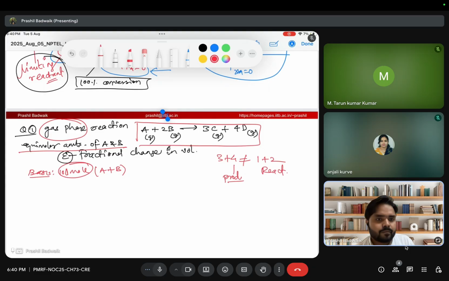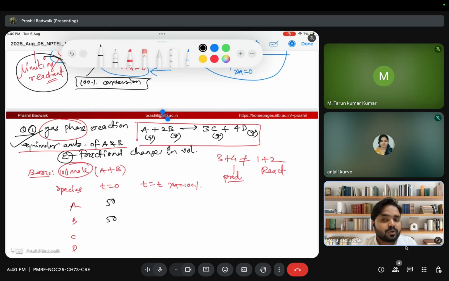So for species A, B, C and D, at time t equal to 0 and time t equal to t, where the conversion is 100%, can you tell me what are the amounts at time t equal to 0? 50 moles of A, 50 moles of B. See, it is not written that there is a presence of product at the start.